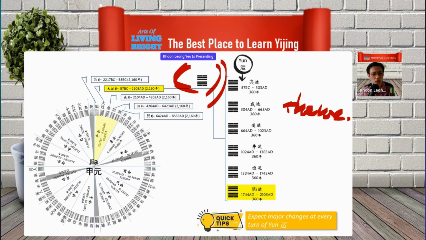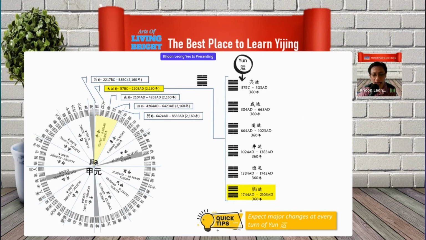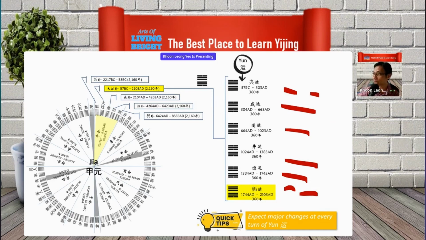If you want to break it down further, you can break it down by changing line by line. So 折风大过, you can break it down into 6 equal parts again, each part governing 360 years. How to make that change is by changing line 1, then line 2, line 3, line 4, line 5, line 6.